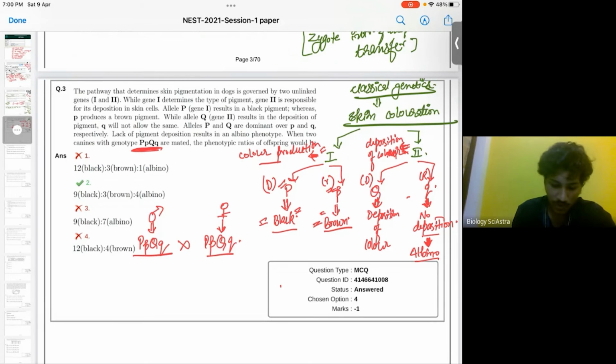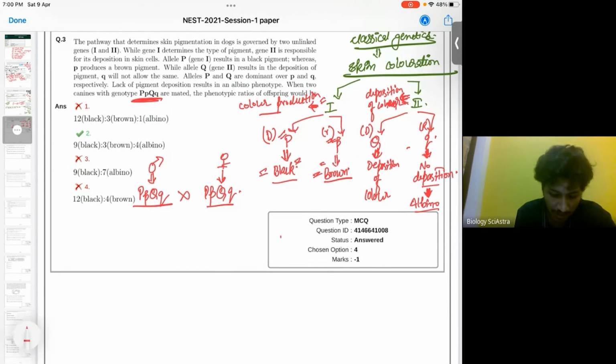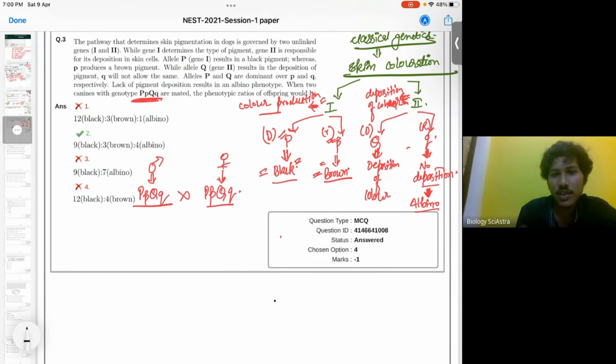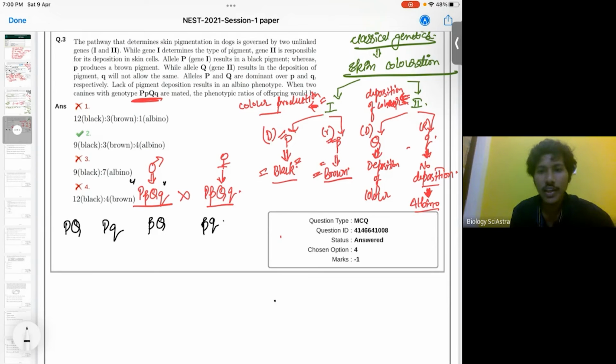Now you all know that we have to apply Mendelian genetics here. कैसे अप्लाई करेंगे? We will first see the possibilities of different kinds of gametes from this genotype. So it can be capital P capital Q, capital P small q, small p capital Q, and small p small q. ये चार possibilities हैं in male and in female also.